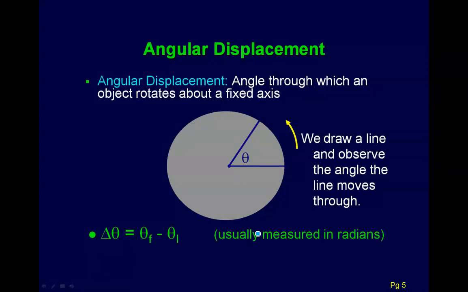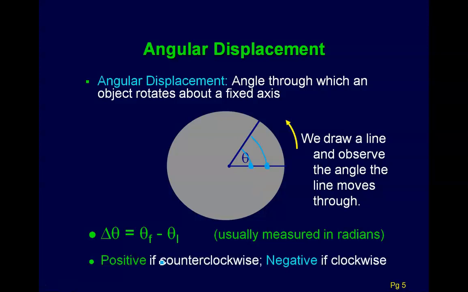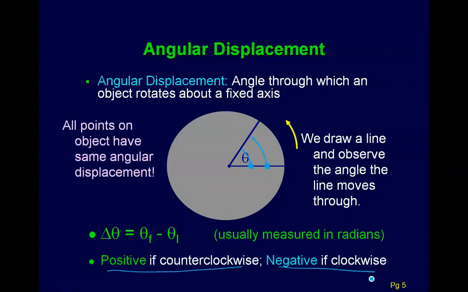If I was to draw these points again, so 2 points here and here, as we travel here, they travel different linear distances, but they'll travel the same amount of radians, the same angular distance. And be real careful here that by our definition it's always positive if counterclockwise and negative if clockwise. The whole point is that all points have the same angular displacement.